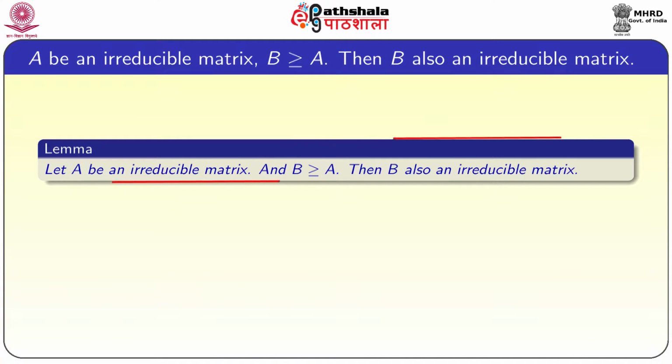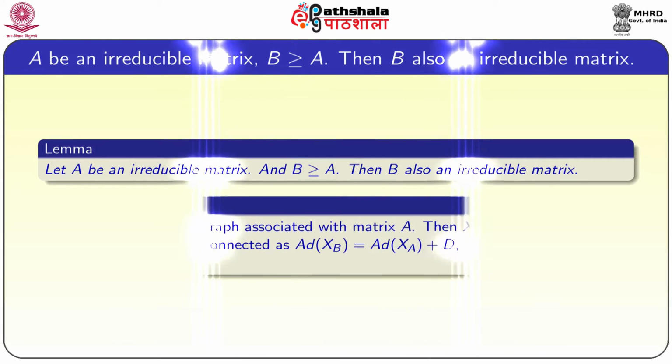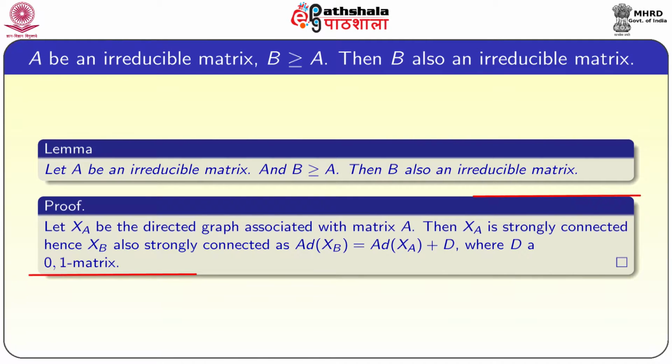Now, if A is an irreducible matrix and B is greater than or equal to A, then B is also an irreducible matrix. The proof goes like this. Let X_A be the directed graph associated with matrix A, then X_A is strongly connected.